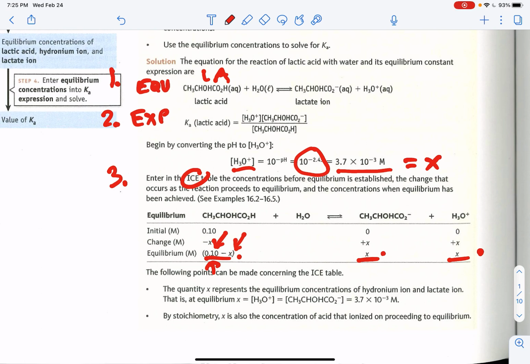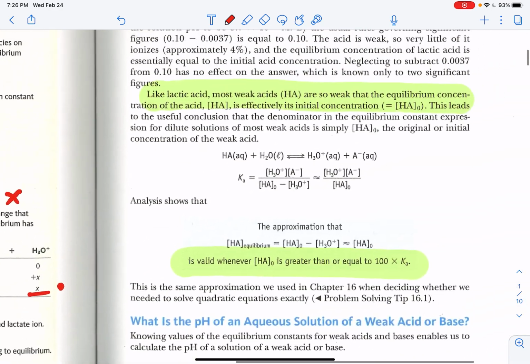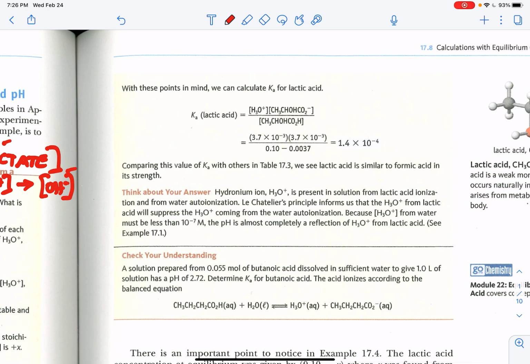Then we take our values, and this is the plug part. You plug them into your equilibrium expression. Now, when we look at the denominator here, we ask ourselves, is this number going to affect anything when I subtract it from 0.10?